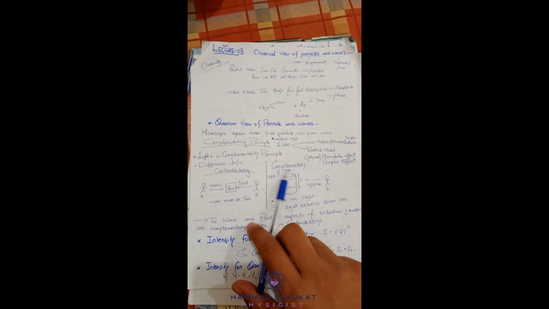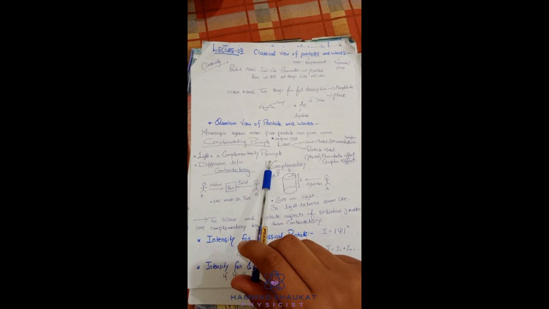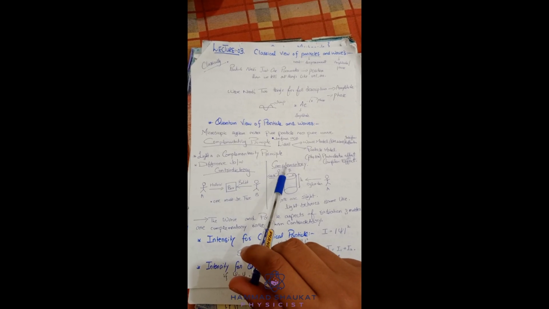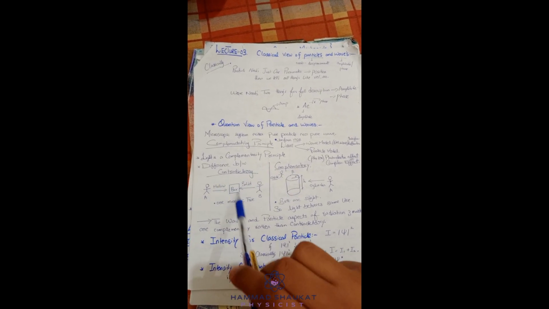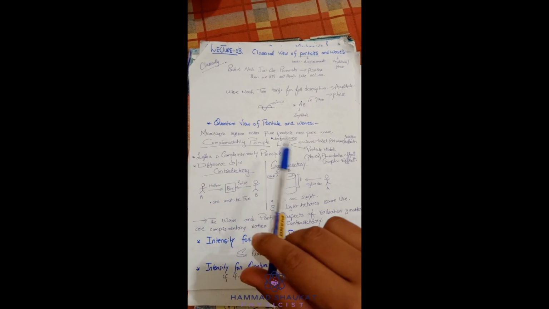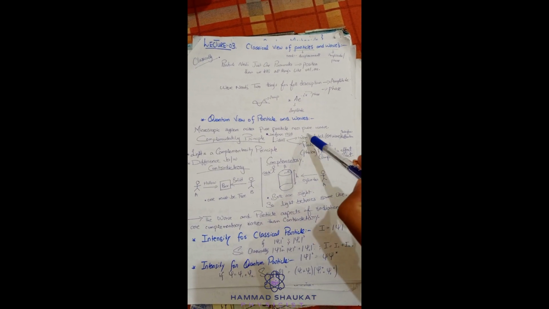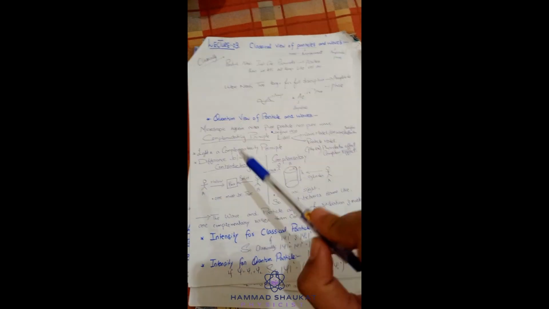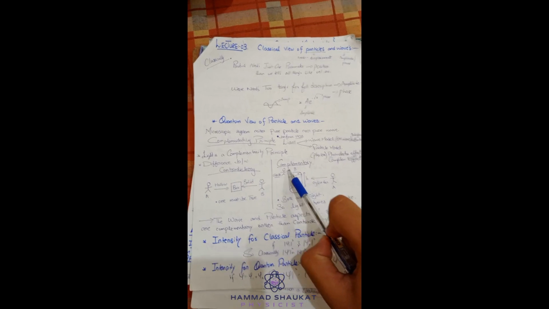It's a very important concept. Light is a complementary principle, not contradictory. We already discovered that light behaves like a wave and light also behaves like a particle.